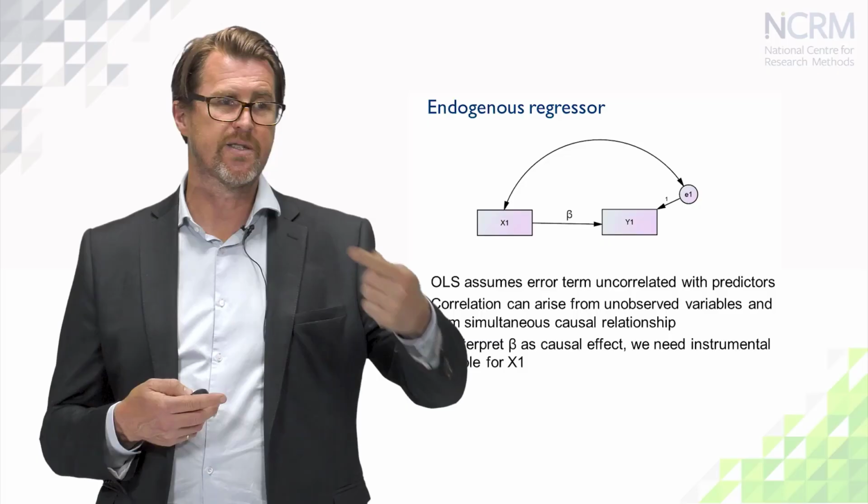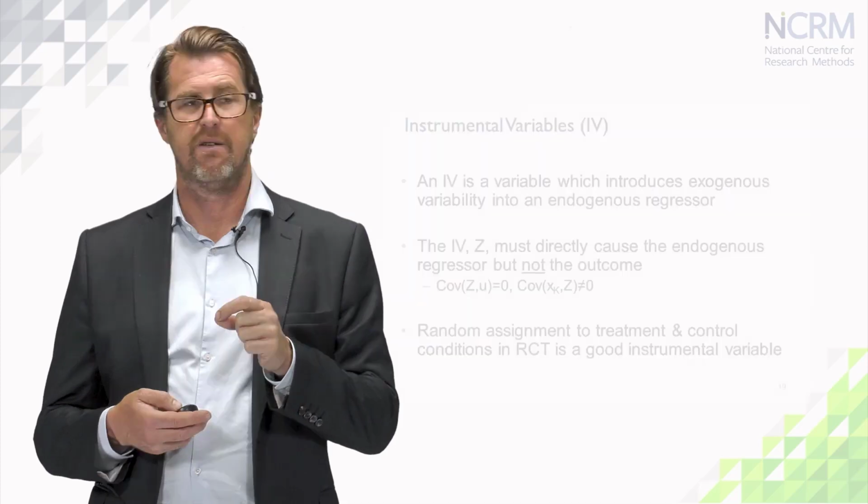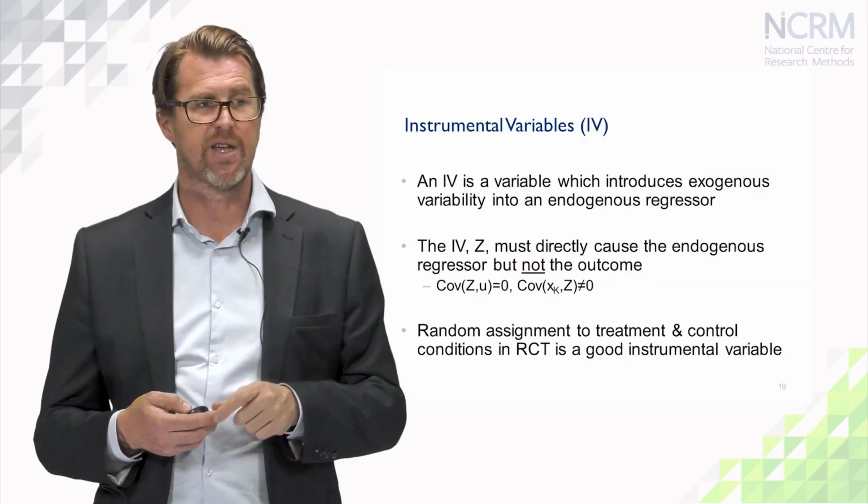That would generate this correlation. So when we have this kind of a situation, we need an instrumental variable for x1 if we want to be able to interpret the beta coefficient as the causal effect of x1 on y1.